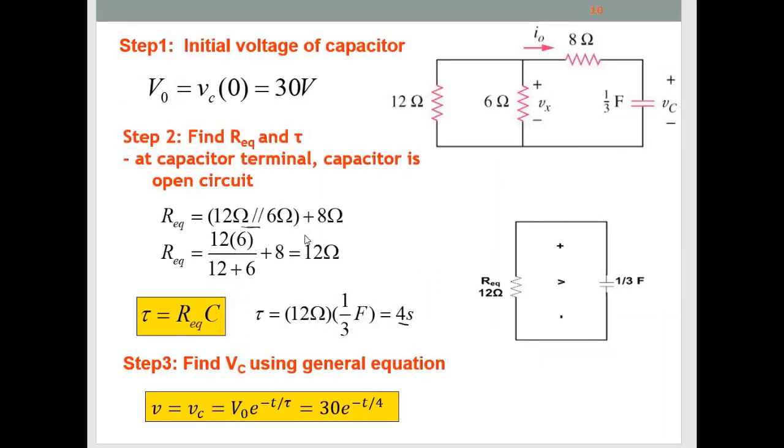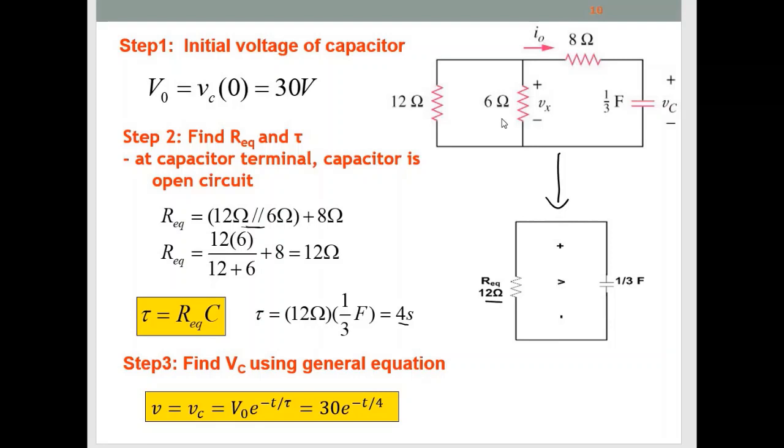This slide shows the step-by-step solution of example 1. Okay, at first, transform the circuit into the basic RC, which is make it parallel of 12 and 6 plus the 8 ohm here, like this one. And the final R equivalent is 12 ohm.